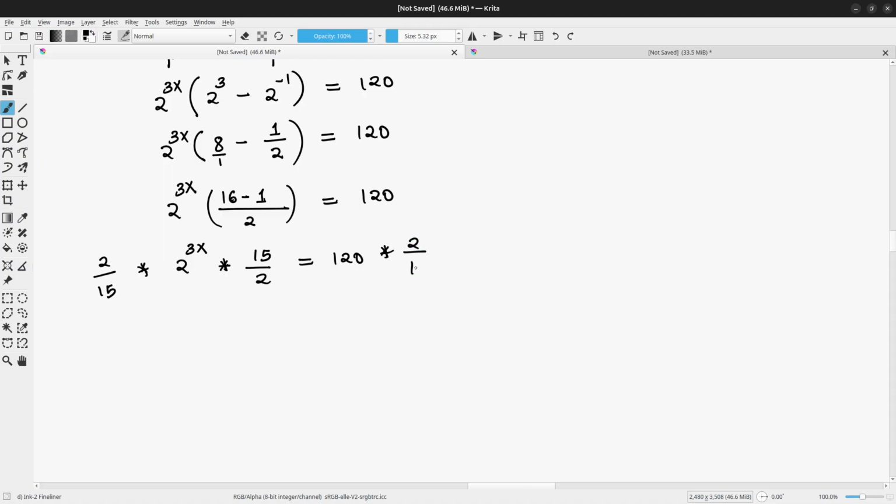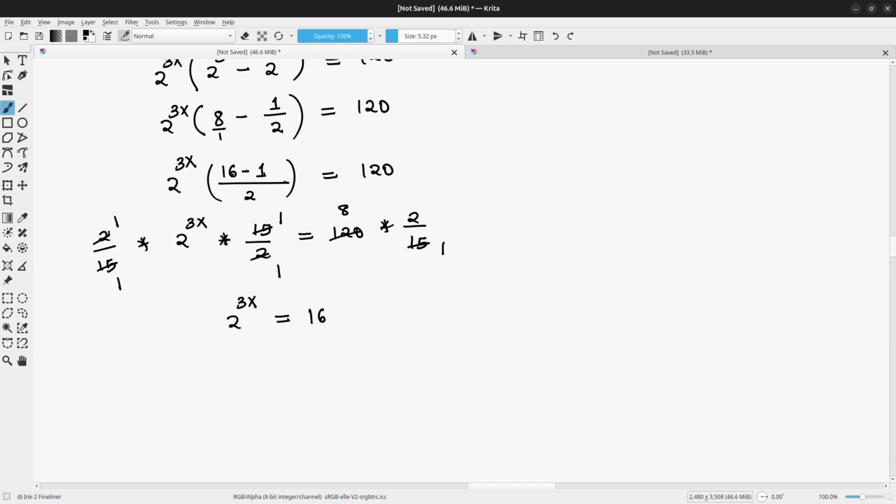On the left side of the equation, we are left with 2 to the power of 3x is equal to. On the right side, 120 divided by 15 is going to give us 8. Then you have 8 times 2. 8 times 2 is going to give us 16.